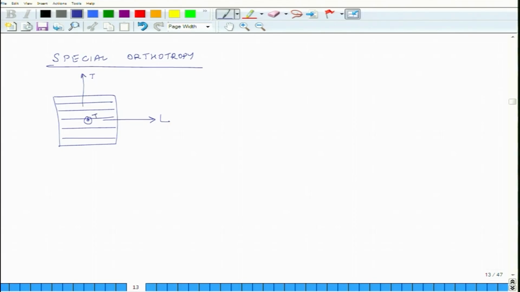So, this is the T prime direction, normal to the plane of this screen which you are watching. Now, we had mentioned earlier in one of the classes, and later we will actually prove it, that a specially orthotropic material has 4 independent elastic constants.